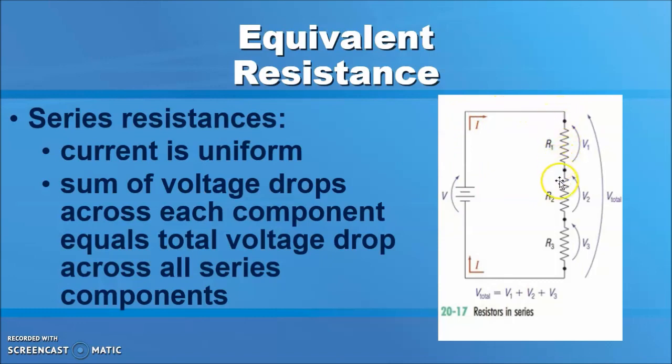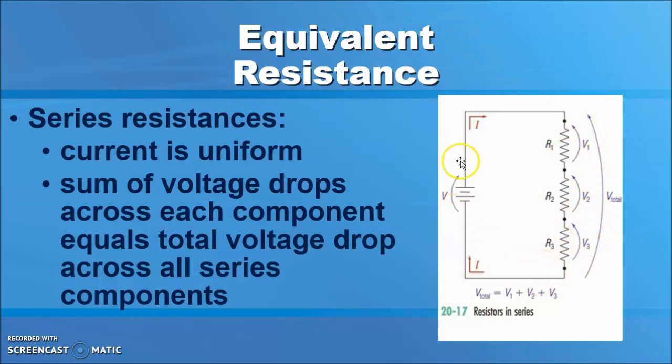There's a voltage drop as it goes through the resistors, and it comes back around. Now this voltage is equal to these total voltages all just added together. The total voltage is just going to add all of these voltages together, right?